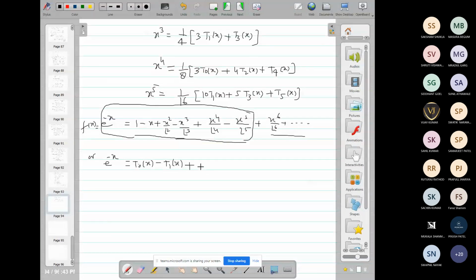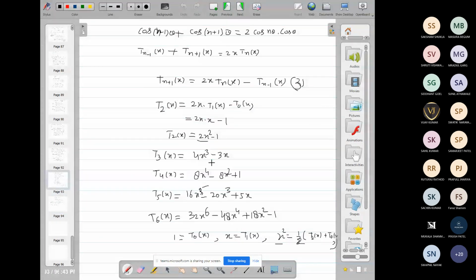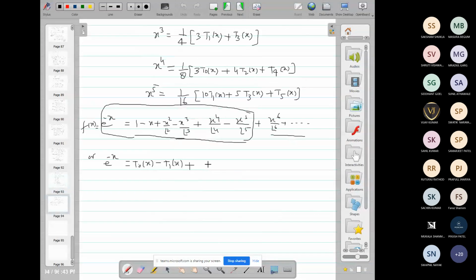So the value of x square is, you see here, x square is 1/2 (t2 + t0), and then 1/2 factorial, so 1/4 (t2x + t0x) using the above, and minus 1/6 into x cube.